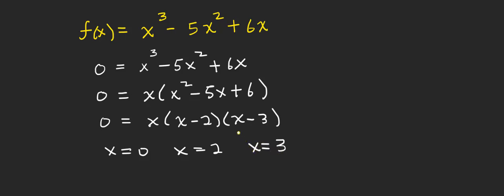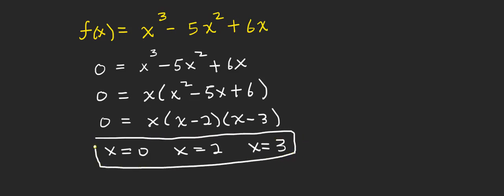This means when you graph this polynomial, the graph will pass through the x-axis at x equals 0, x equals 2, and x equals 3. And these are the zeros of the function.